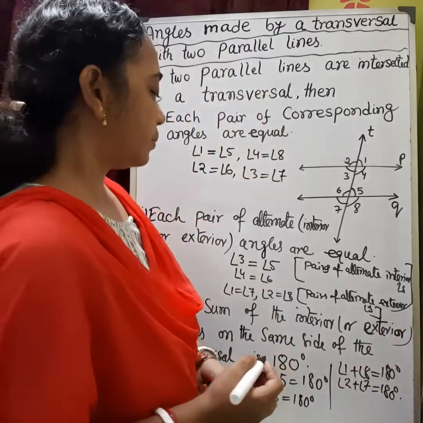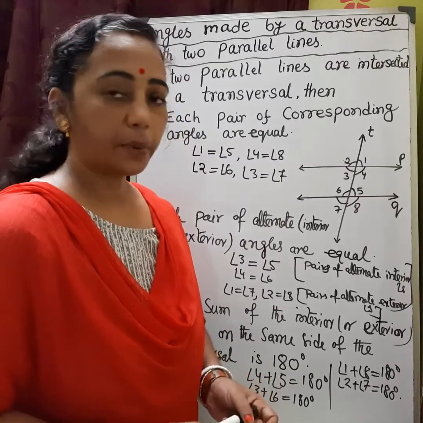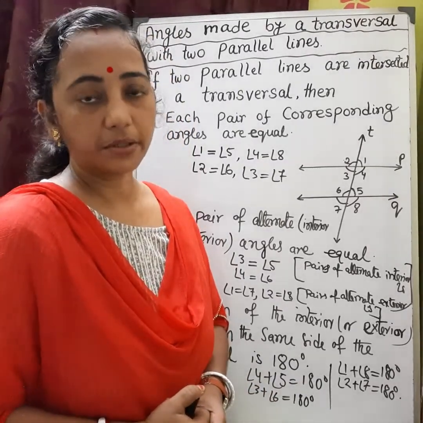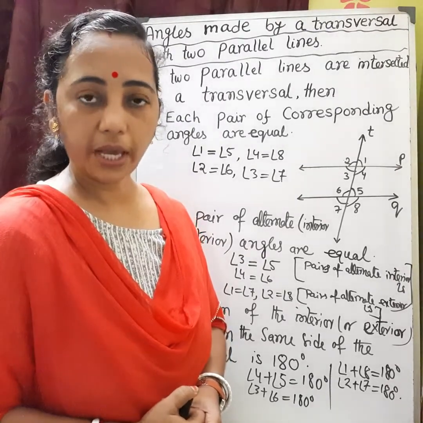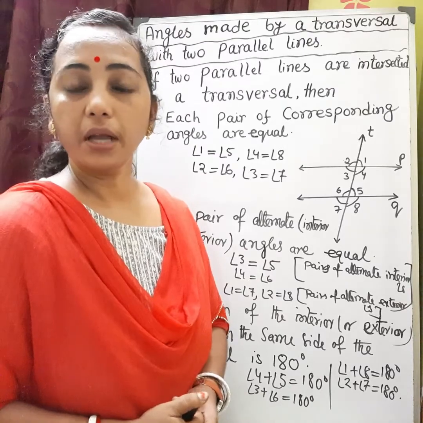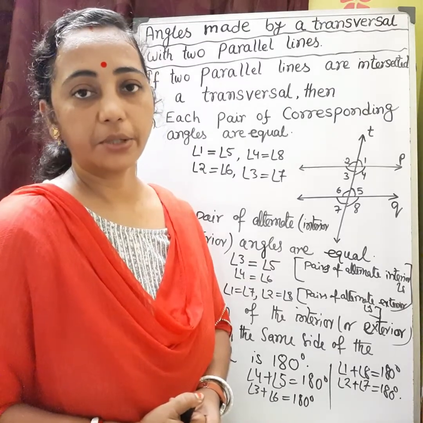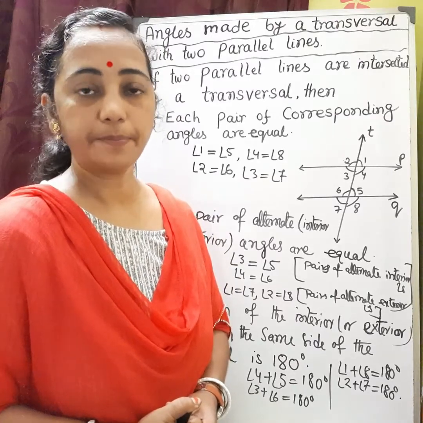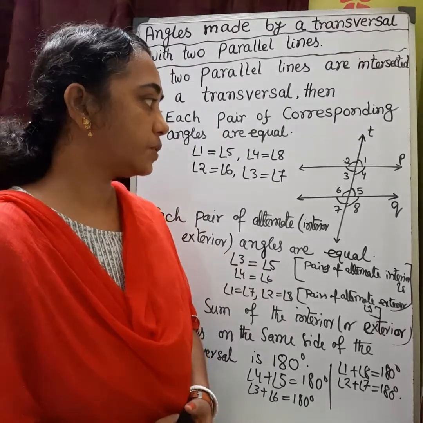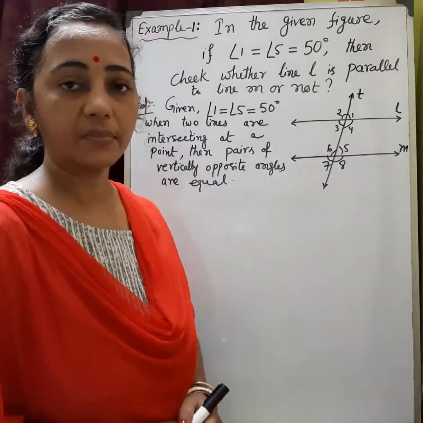So from this properties we can see that there are 3 properties, that if 2 parallel lines are intersected by a transversal, then each pair of corresponding angles are equal, each pair of alternate angles are equal, and the sum of the interior angles or exterior angles on the same side of the transversal is 180 degree. So these are the properties of angles formed by a transversal with 2 parallel lines.